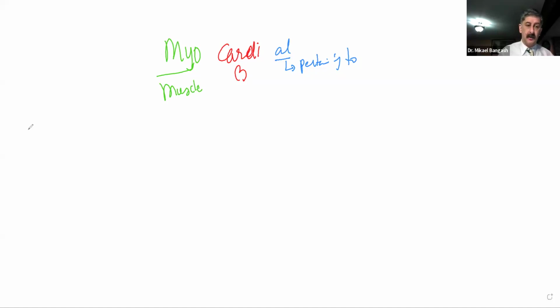In some cases they may also use ac, myocardiac. There's no real strict rule, and it's okay in both cases. Ac or al will still mean the same. So myocardial is pertaining to the muscle of the heart.